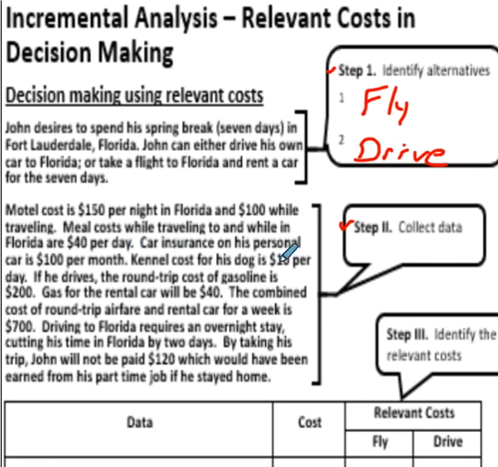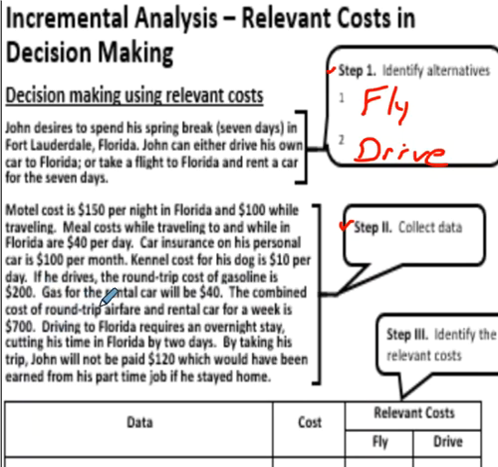John's car insurance on his personal car is $100 a month. Kennel cost for his dog is $10 a day. That's a pretty cheap kennel. I wouldn't count on that dog being alive when he gets back. But at least the $10 is easy to compute when I have to multiply. Now, if John drives, the round trip cost of gasoline is going to be about $200.